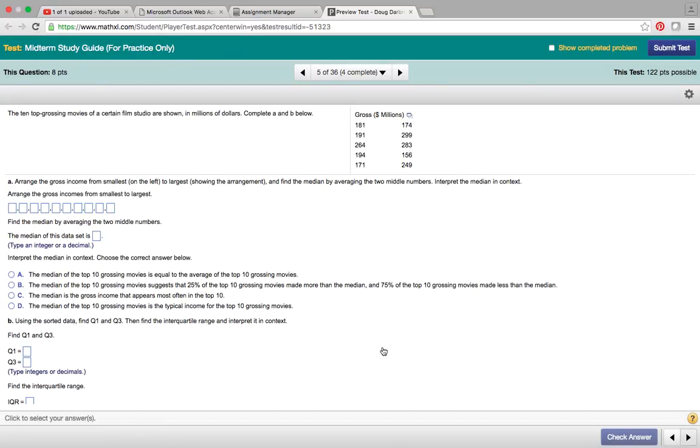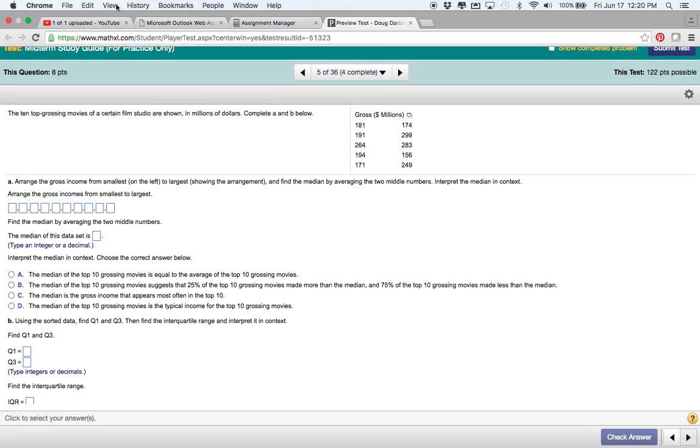Okay, the 10 top grossing movies of a certain film are given. Okay, so guys, we're going to want to put this in our calculator. So let me go back to split screen.